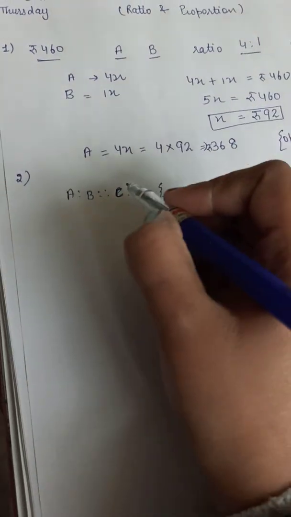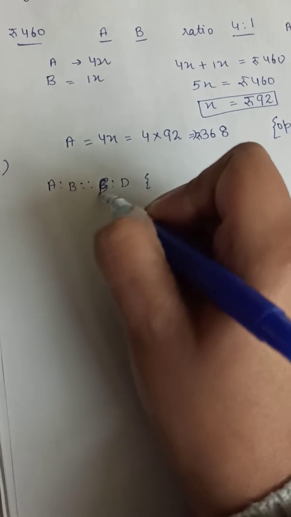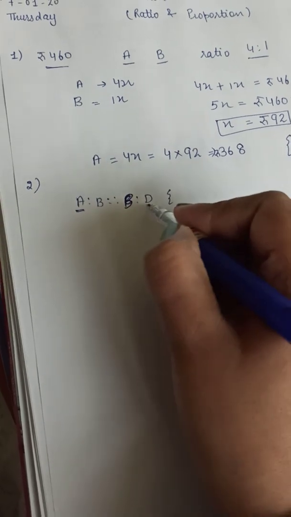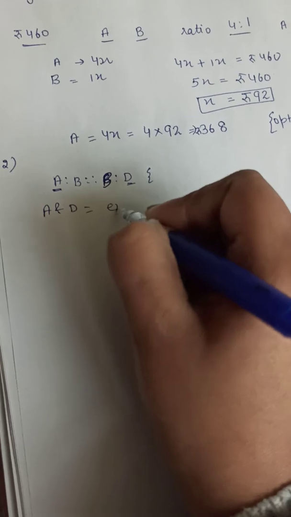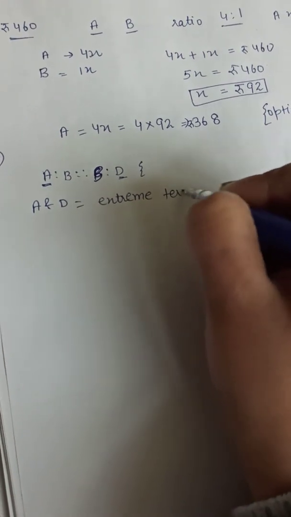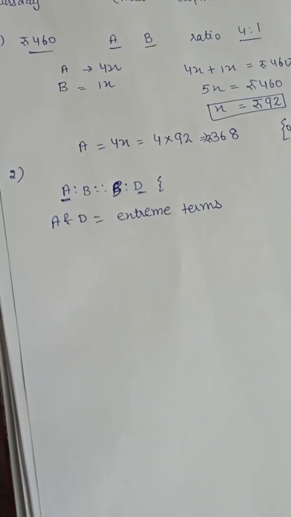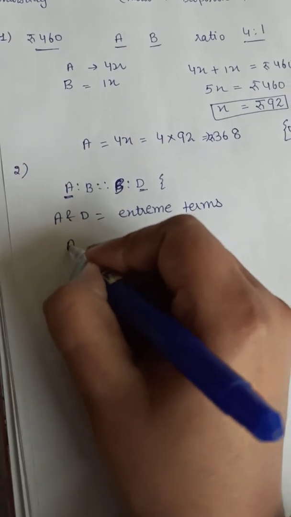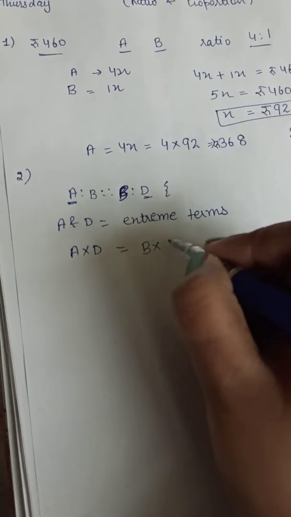So see, here in case middle term is also same. A and D, these are extreme terms, and B is middle term of both. So in a proportion, the product of extreme A multiply D equals to the product of the middle terms.